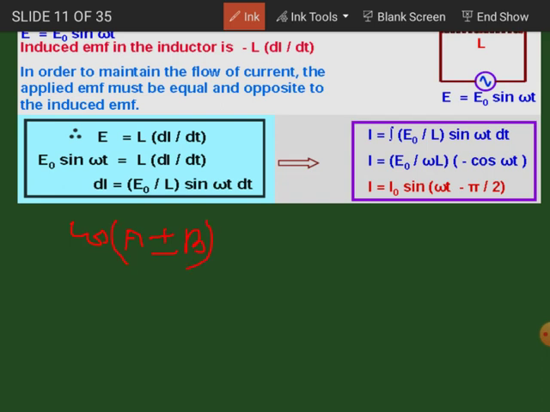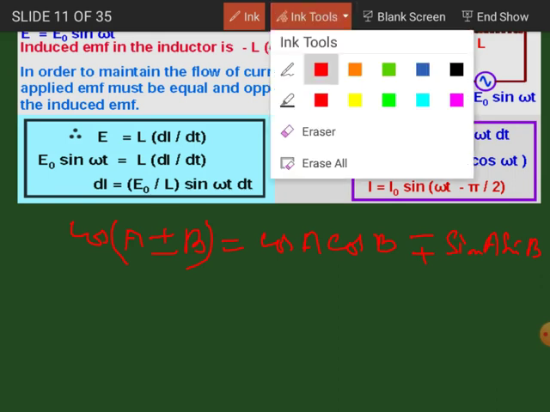So cosine of A plus minus B is equal to cos A cos B minus plus sine A sine B, like that. If you use that one also, you will get the same thing. Got it? Yes. Let's go further.